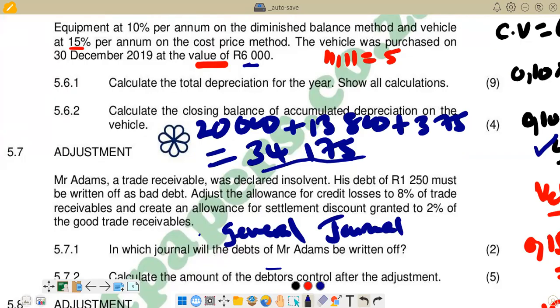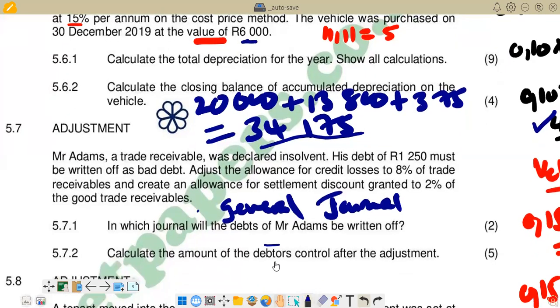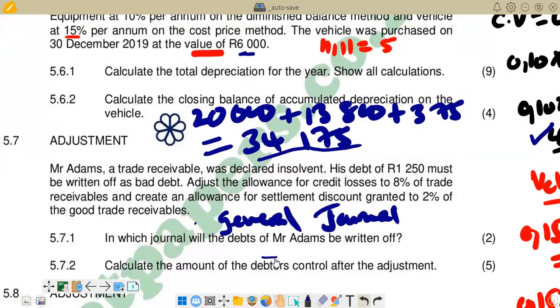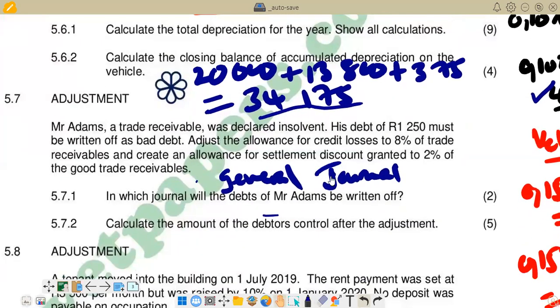You can as well try to calculate the second part there. The second part is saying calculate the amount of the debtors control after the adjustments. So what we are going to do is take the figure for debtors control, or trade receivable control, in the trial balance. Then we are going to subtract this 1,250, because this one is written off.